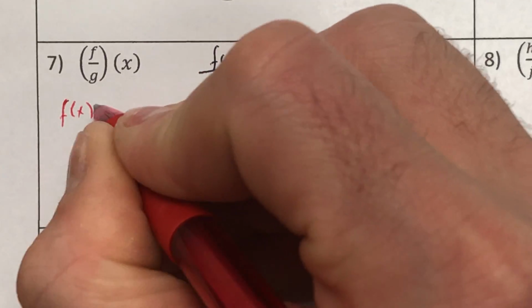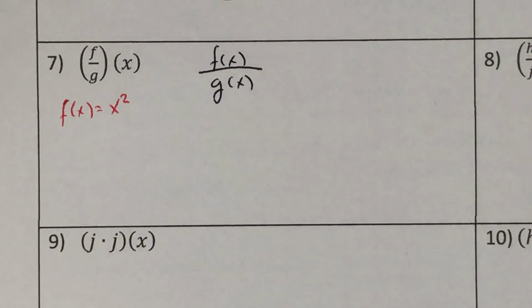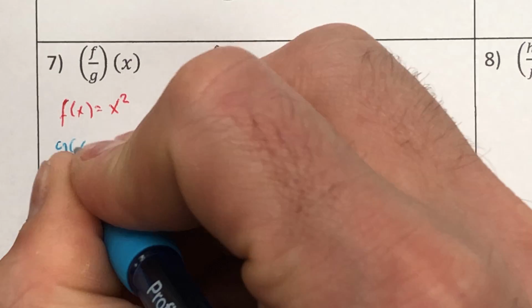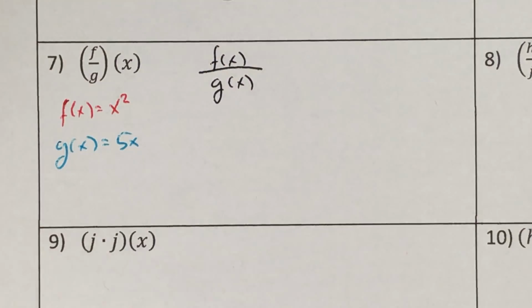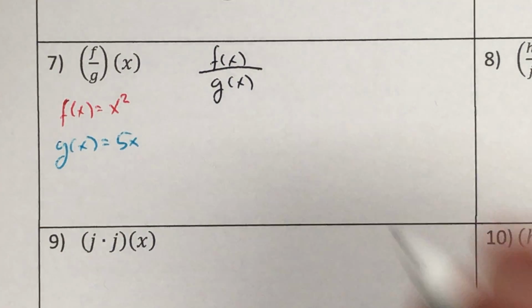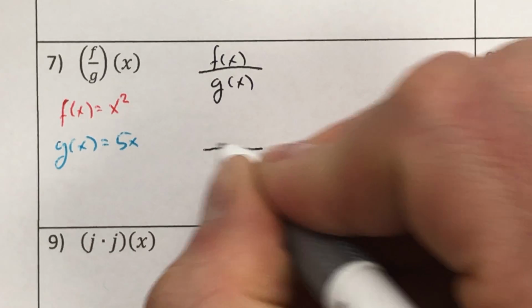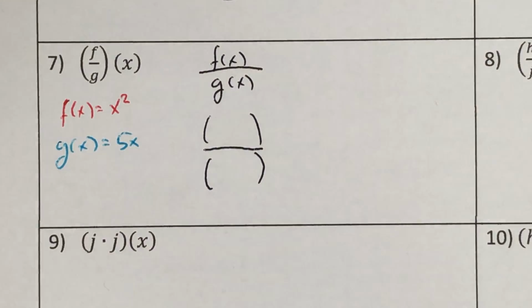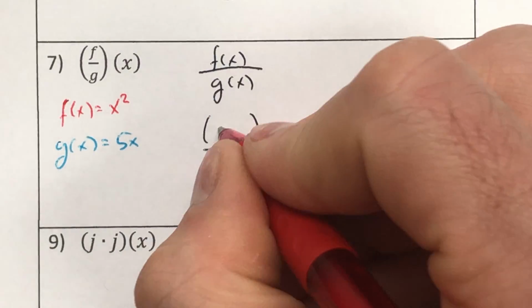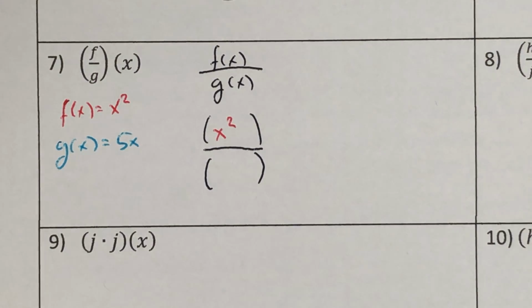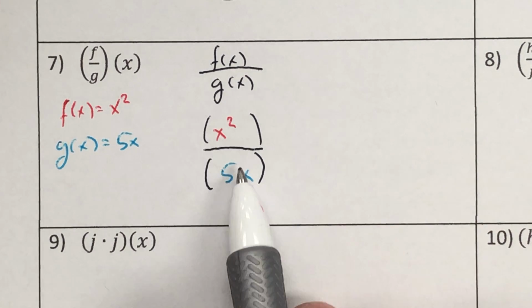So if I have f of x, which is defined as x squared, and g of x, which is defined as 5x, we're going to set up this expression. Plug in the x squared up top and the 5x on bottom. And what we notice is the first thing that happens is I have an x in the top and the bottom.